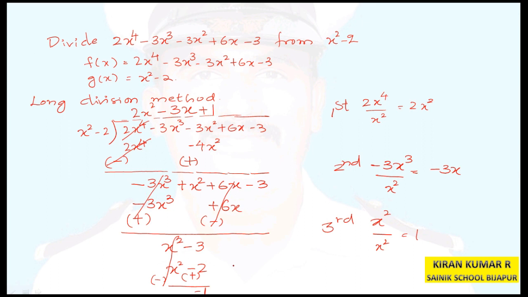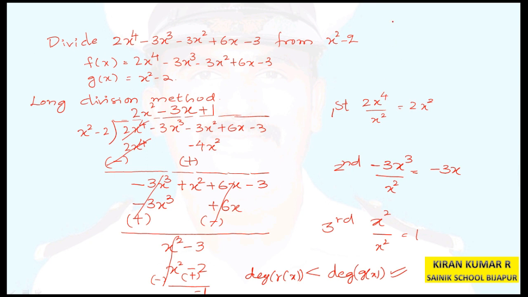So when we are getting degree of remainder r of x smaller than degree of divisor g of x, I have to stop my division process whenever I get this type. Therefore, on division, we get quotient as 2x square minus 3x plus 1 and remainder as minus 1.